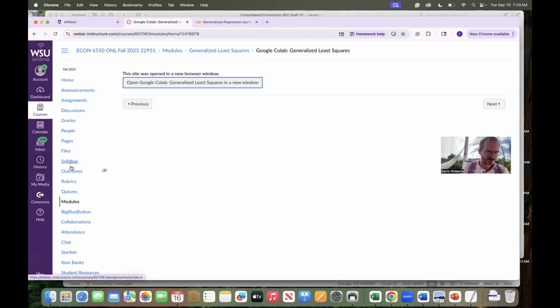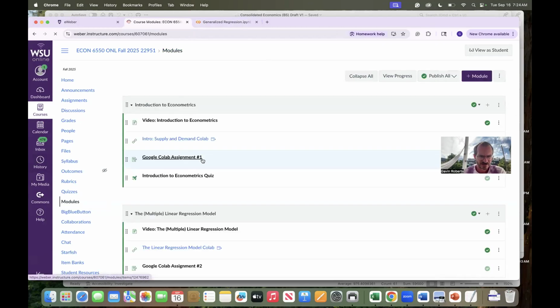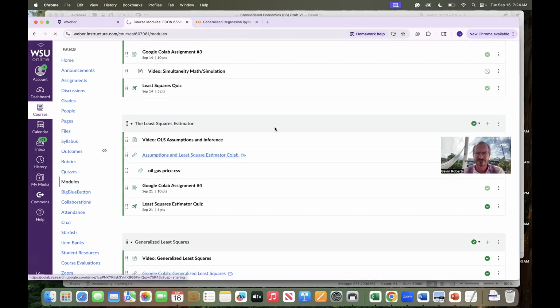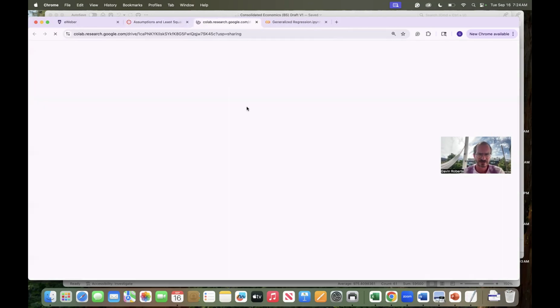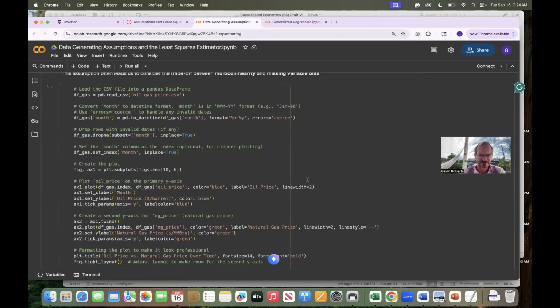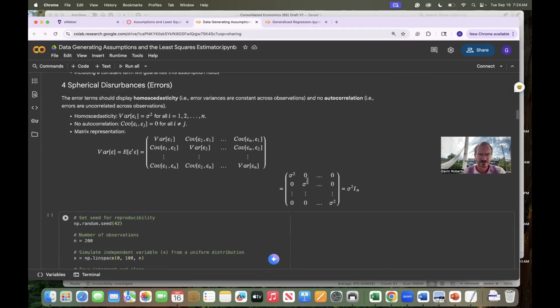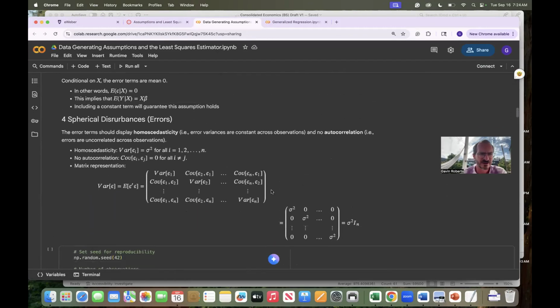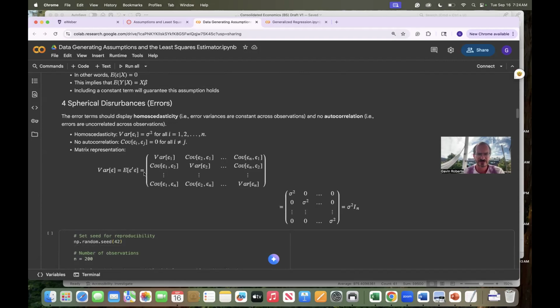So let's go over to our modules and look at our assumptions, because I showed you pretty early on this matrix right here. This is our variance matrix. A variance covariance matrix, as we discussed, has the variance of the error terms on the diagonal, and the covariance between different errors on the off diagonal elements.